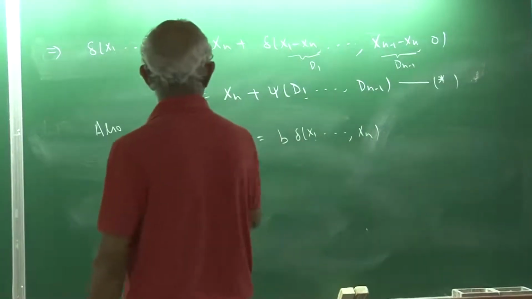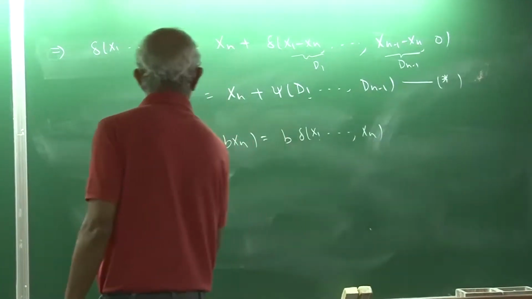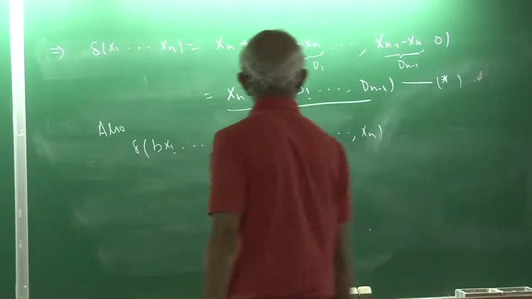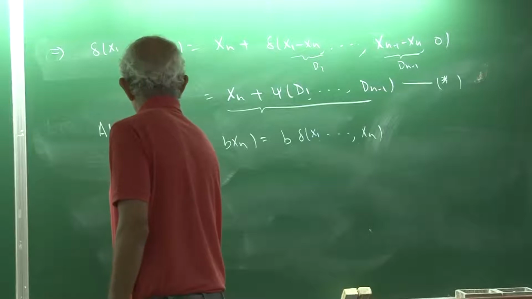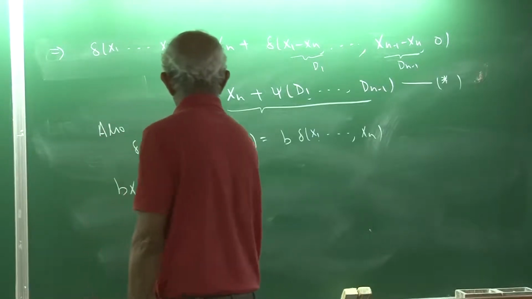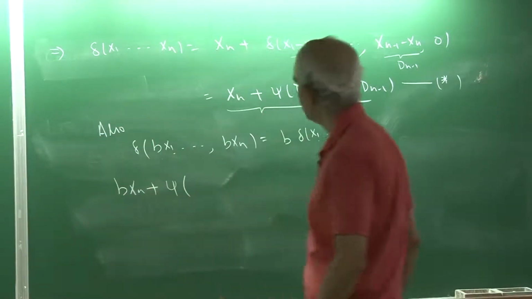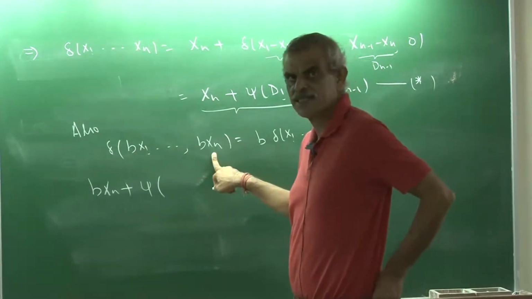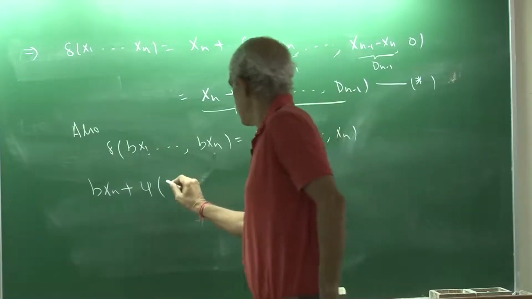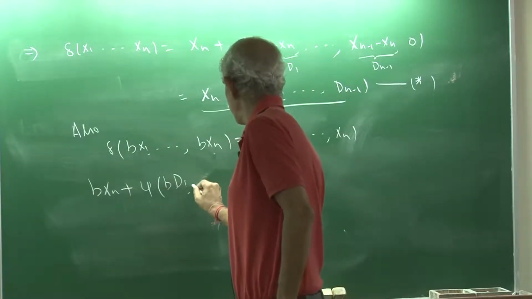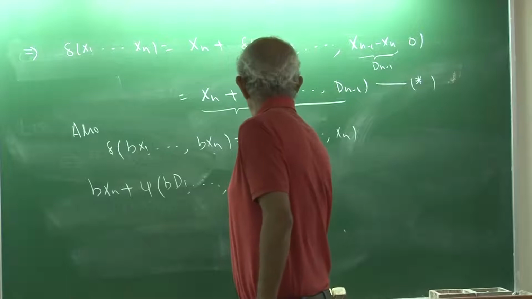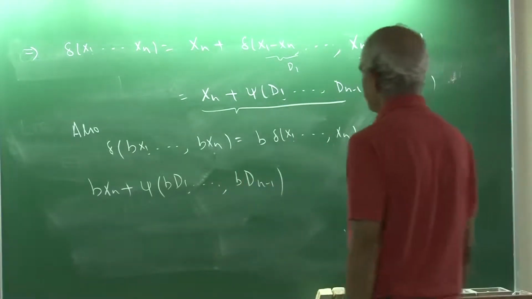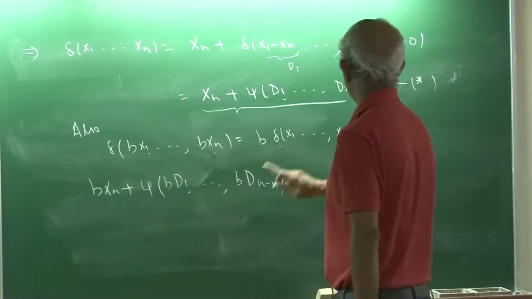So what does that mean? That means this quantity, under b of x1, b of x2, b of xn, becomes b of xn plus psi of d1, where d1 was x1 minus xn. So it will be b of x1 minus xn, which will be b of d1. So b of d1, b of dn minus 1 is same as b times delta of x1, x2, xn.